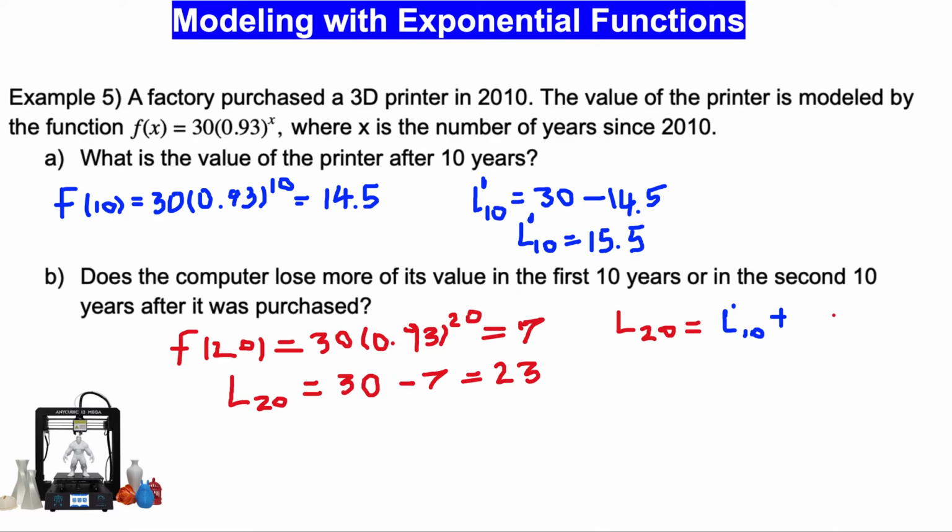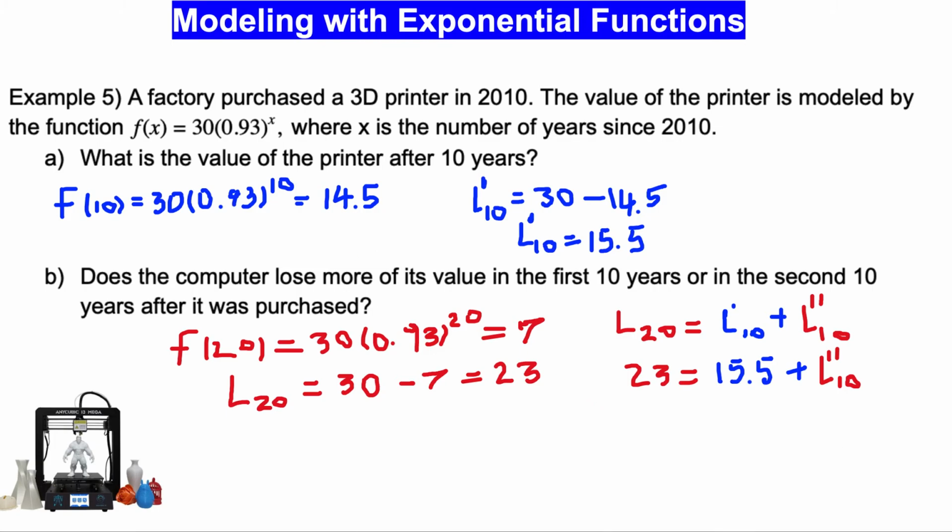Let me denote the second 10 years with a different notation, a small L with a second index, to signify the second 10 years. Now I substitute: for 20 years it was $23, and for the first 10 years we lost $15.5, plus the loss in the second 10 years.